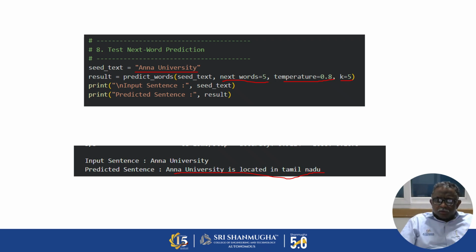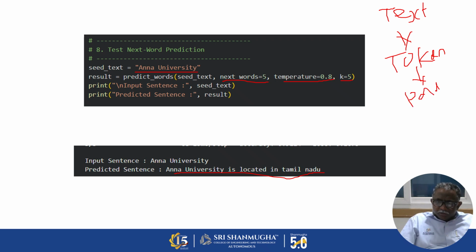So basically, what is the flow of this work? We have a text and it is getting converted through tokenization. So we convert to small words, okay, then vocabulary, and we do padding, so that we have a similar length. Then we do the LSTM, which will train the model, okay, and we do temperature scaling and top K sampling.